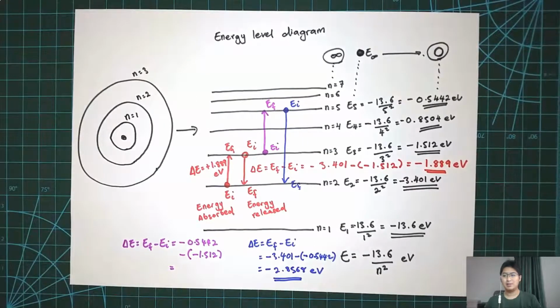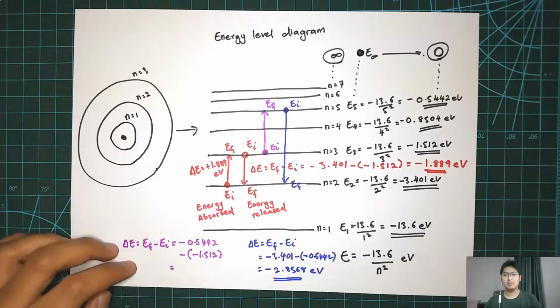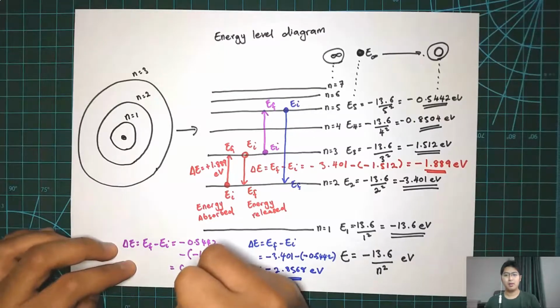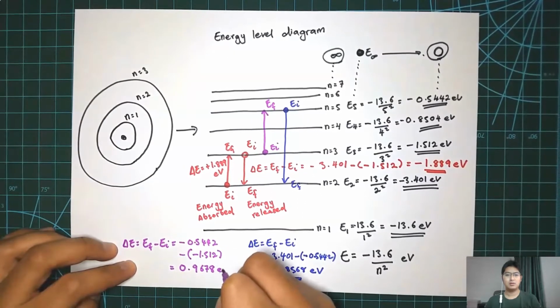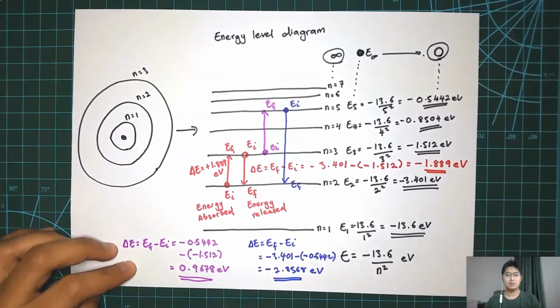Let me calculate first. I expect a positive value because the light is absorbed here. Positive 0.9678 electron volts. So that's the value.